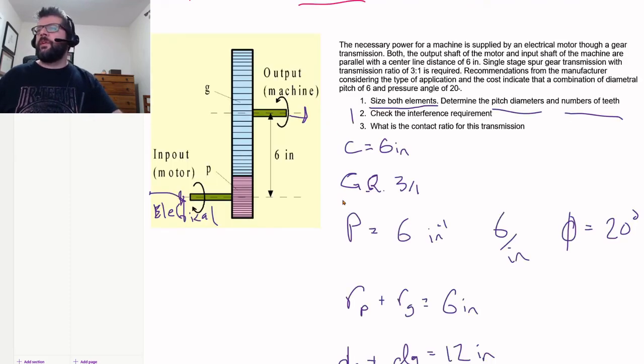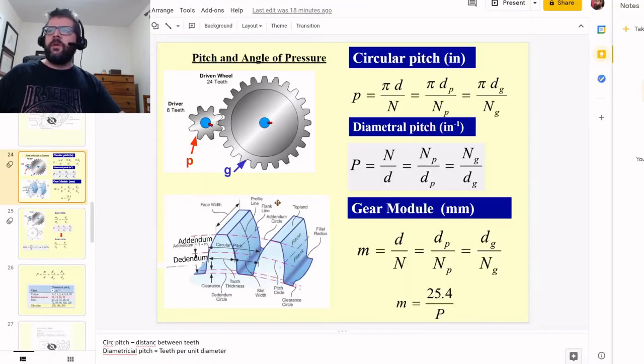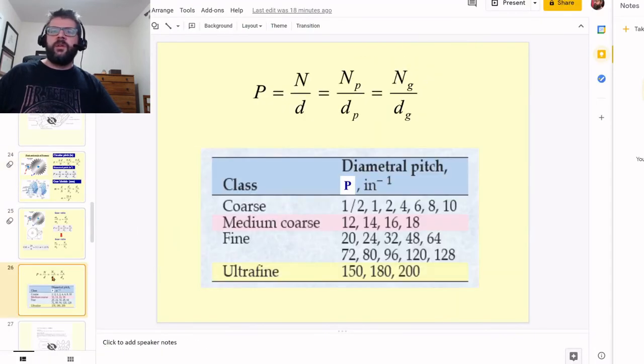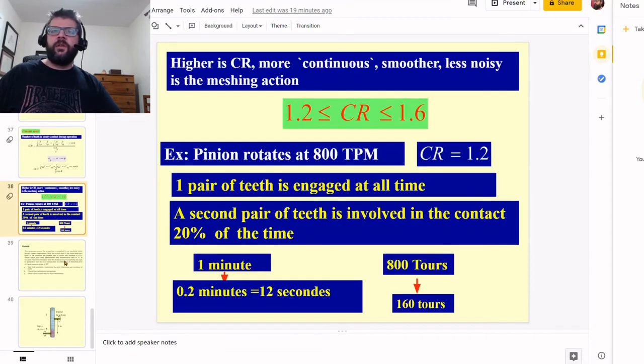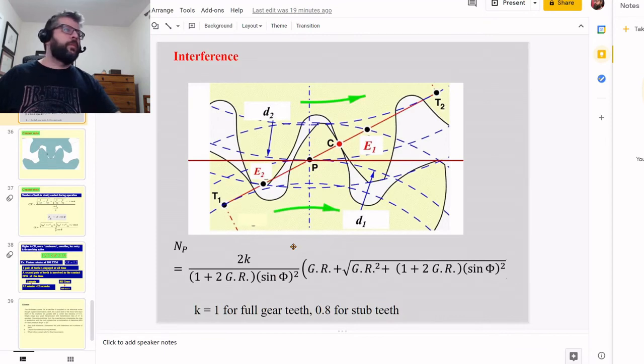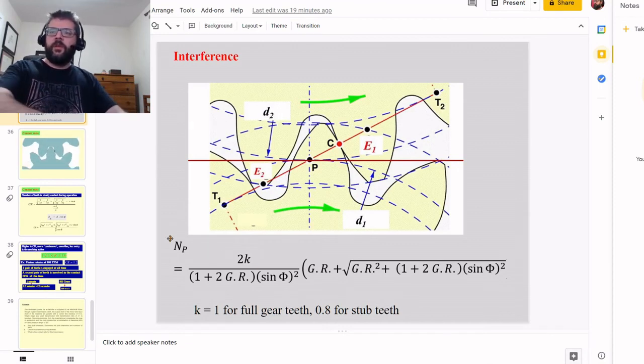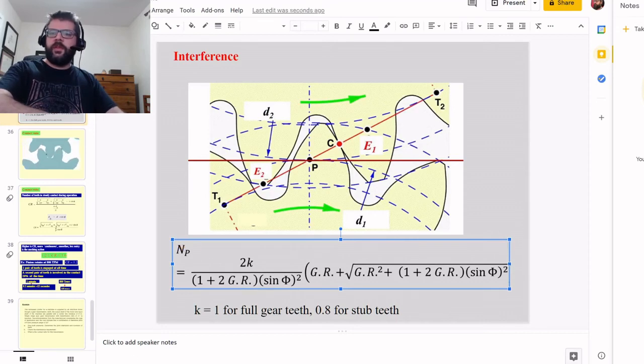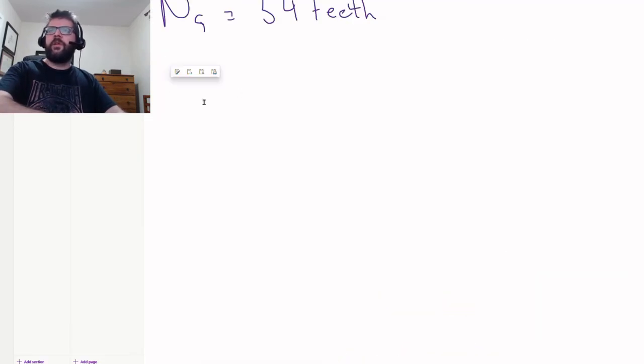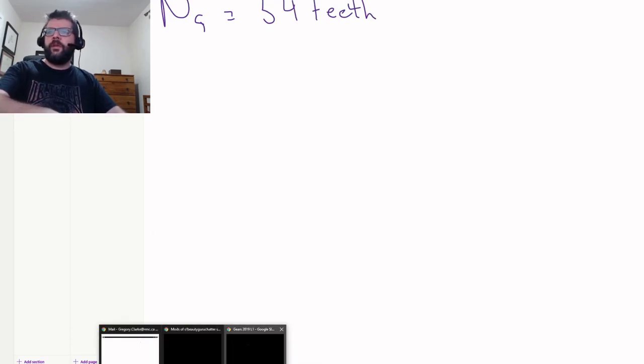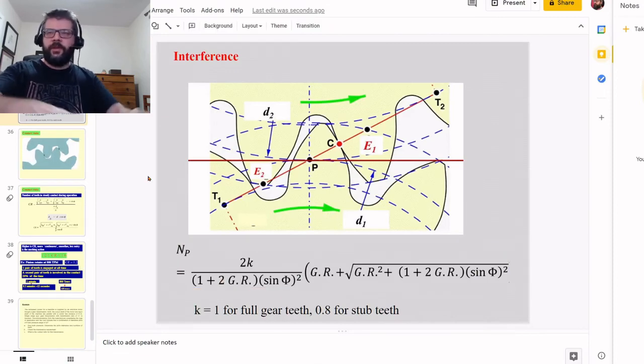So, checking for interference. Let's go back to this equation here. I'm going to screenshot that.